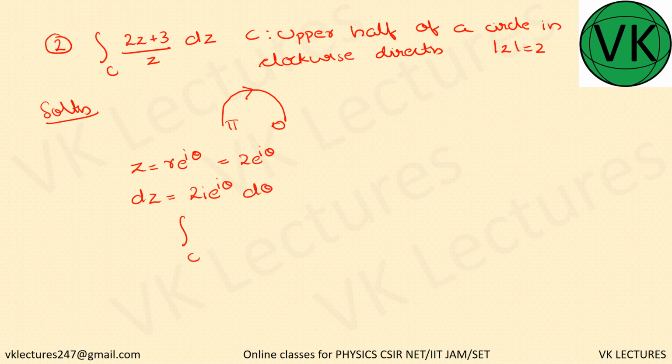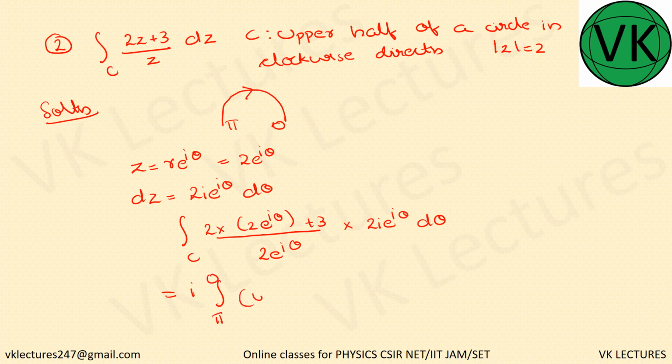So integral C 2 into 2 e raised to i theta plus 3 divided by z, again 2 e raised to i theta, into dz is 2i e raised to i theta d theta. This is equal to i integral pi to 0 4 e raised to i theta plus 3 d theta, is equal to i into 4 e raised to i theta divided by i plus 3 theta within the limits pi to 0.